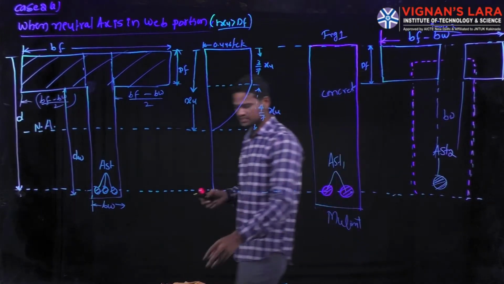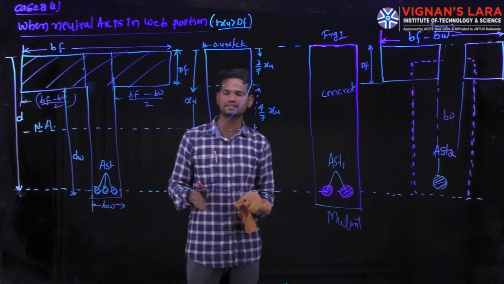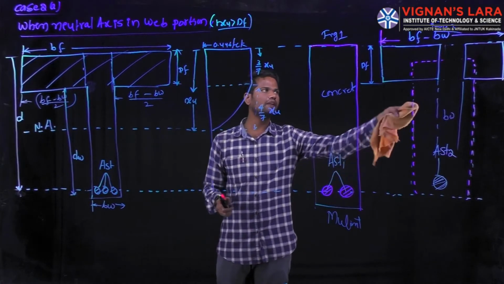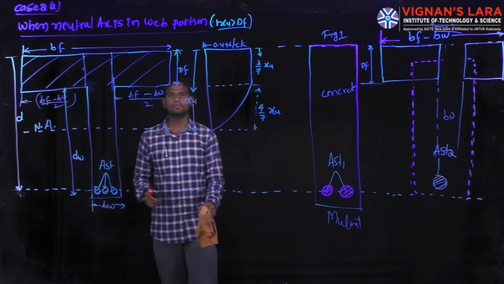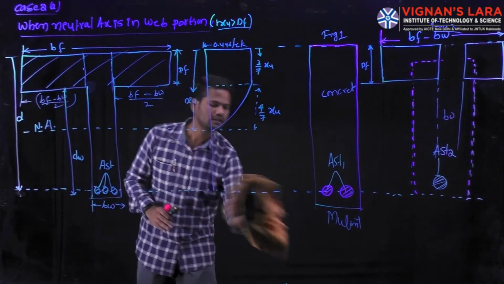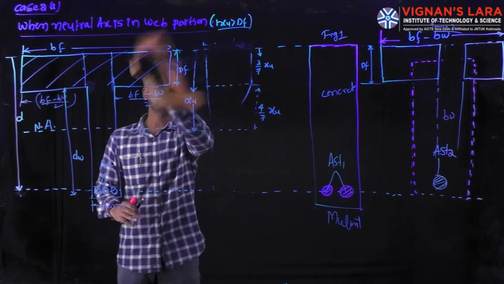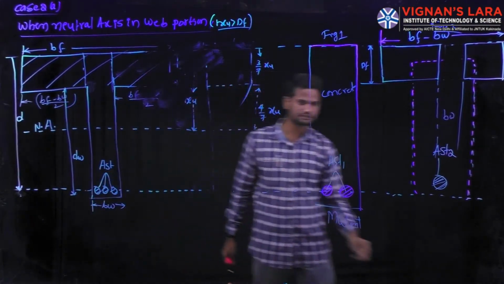Okay, now we will see how the total compressive force and the total tensile force act on the beam. This is the diagram, figure 1 and figure 2. For both these diagrams, we will calculate the total compressive force and total tensile force. How we calculate them, that we will discuss.